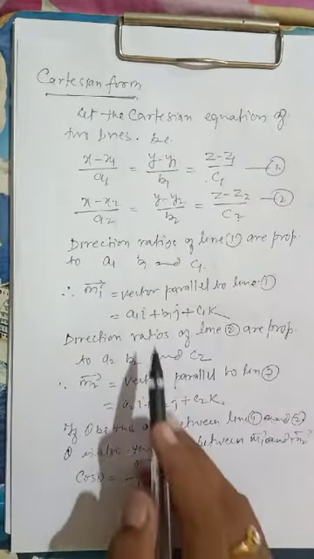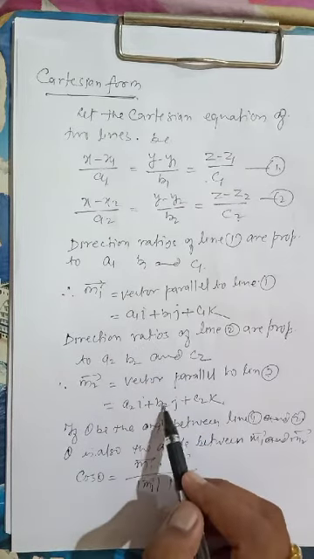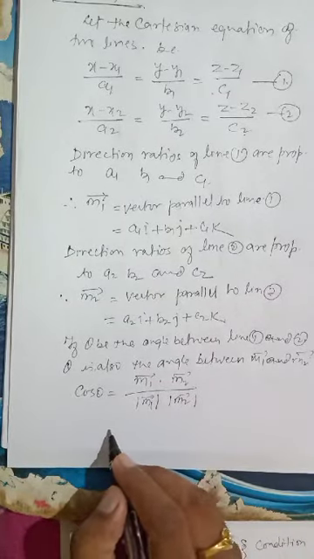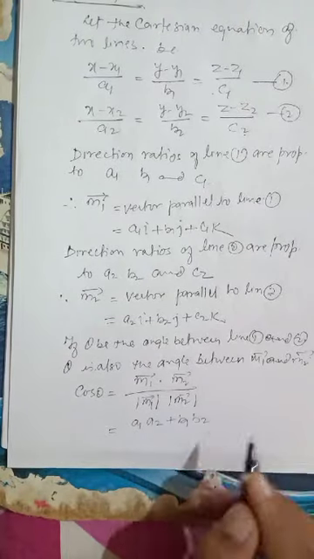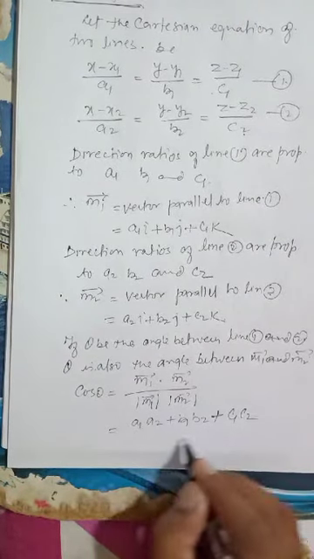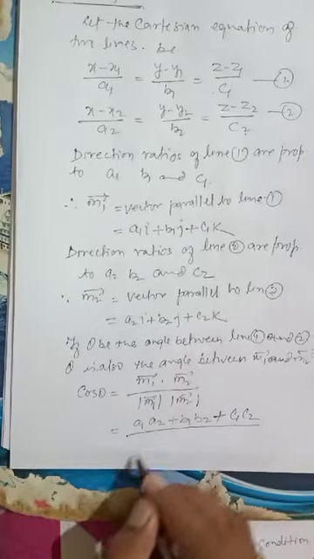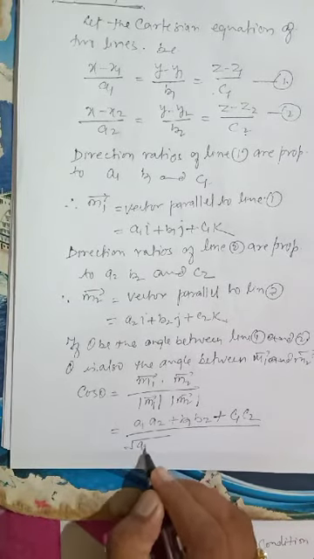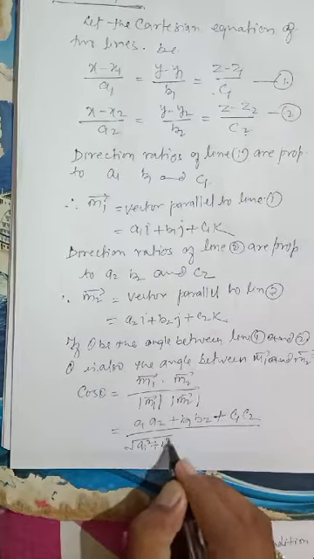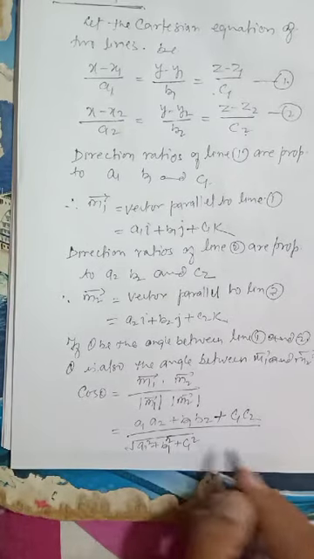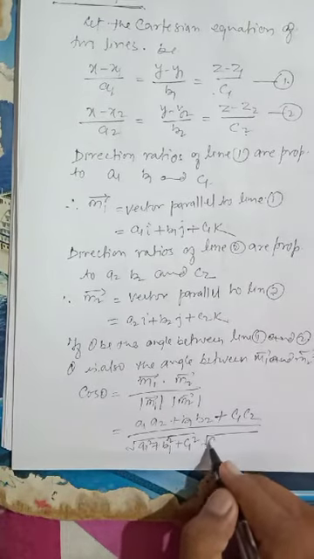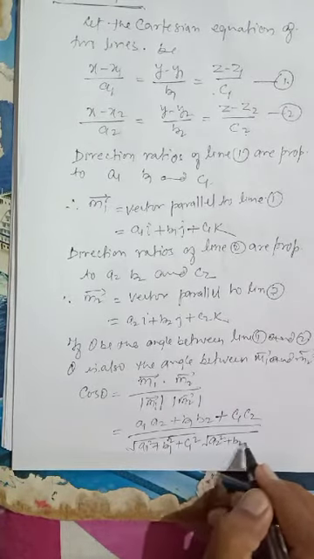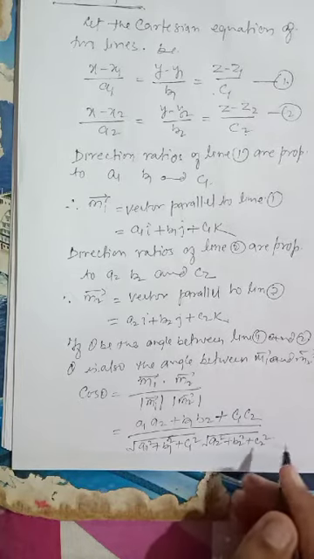According to the definition of dot product, it becomes a1 a2 plus b1 b2 plus c1 c2 upon modulus of m1, which is under root a1 square plus b1 square plus c1 square, and similarly modulus of m2 is under root a2 square plus b2 square plus c2 square.